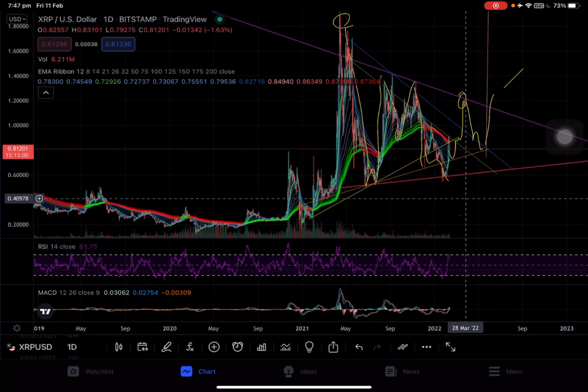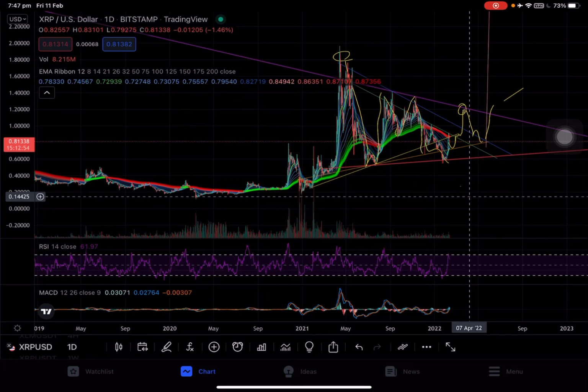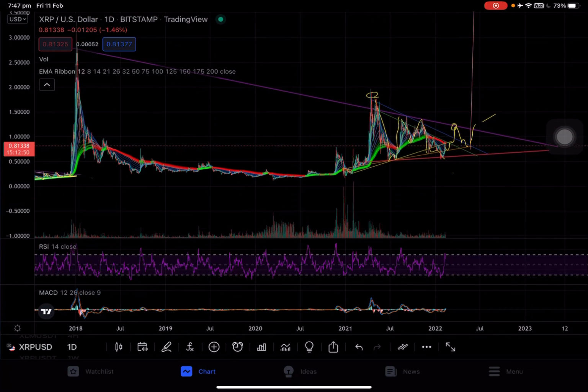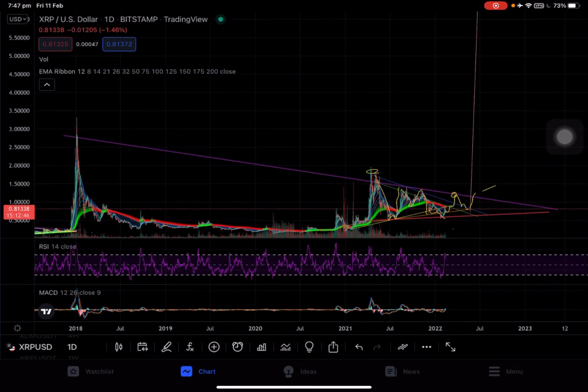But essentially, we are forming structure here to blast off into the stratosphere and surpass the all-time highs of 2018, to actually get into price discovery mode, which is somewhere we haven't been in a long time.